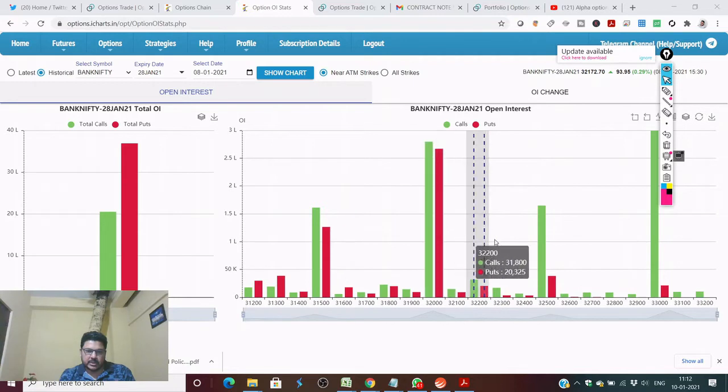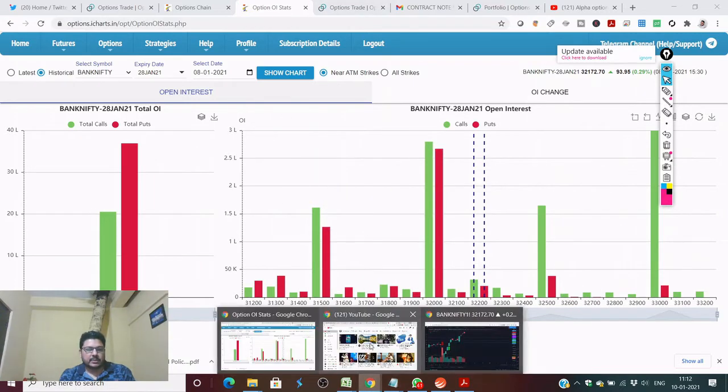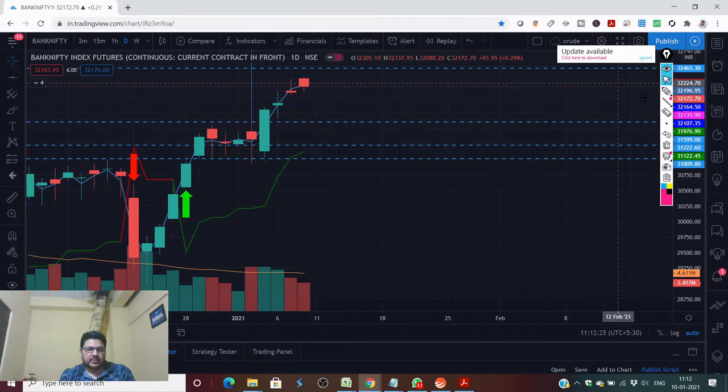So near the at-the-money strikes, put writing is heavy. So still there is an upward movement which is possible in the markets. So this way we are expecting the market can go higher from here. Okay, so this could be possible looking at the open interest data.